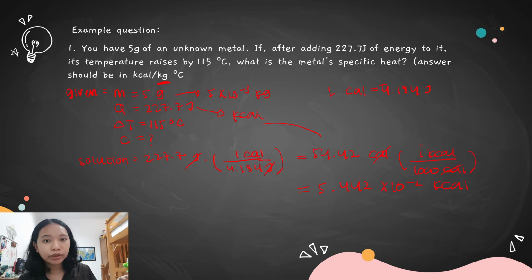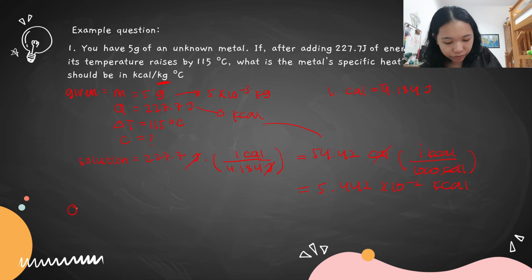The formula we're going to be using is the formula Q equals to mc delta T. So we know the Q is 5.442 times 10 raised to negative 2 equals to the M, which is 5 times 10 raised to negative 3 kilogram. The C that we don't know, and delta T, which is 115.